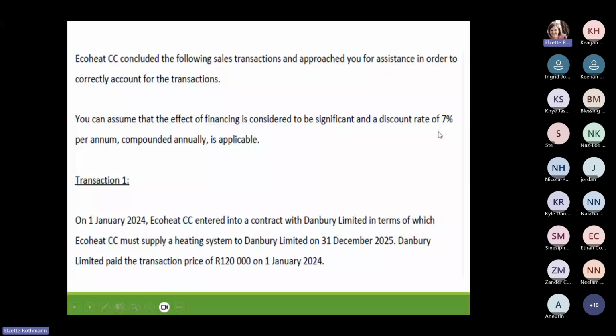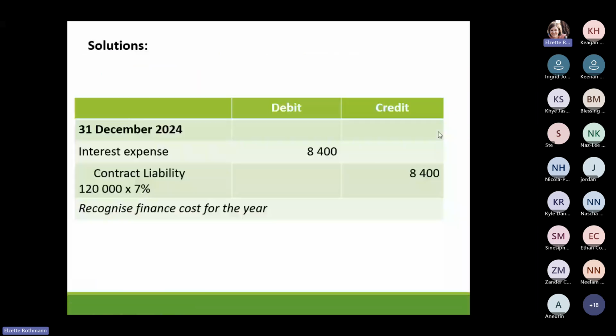On the 31st of December, we take that 120,000, that's the contract liability amount, and we times that with 7%. And then you'll see your narration: we recognize finance cost for the year.